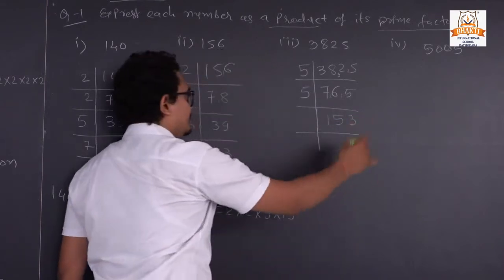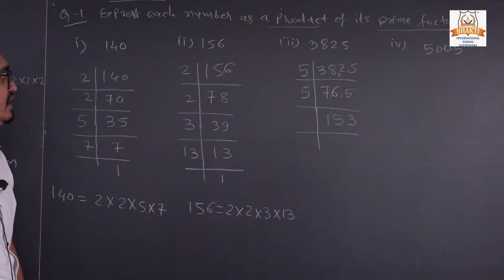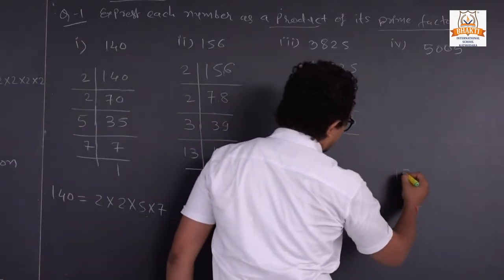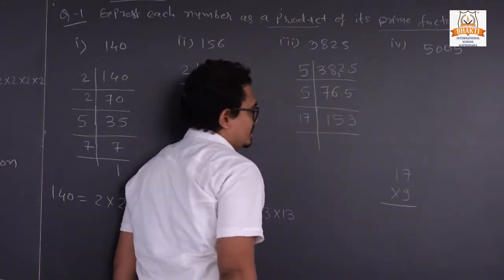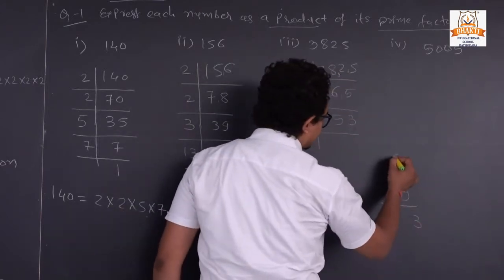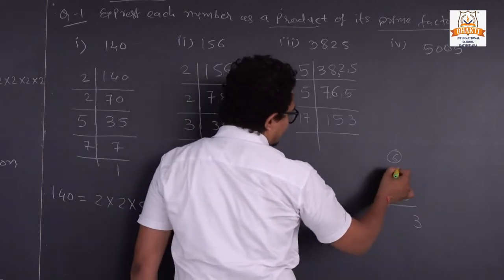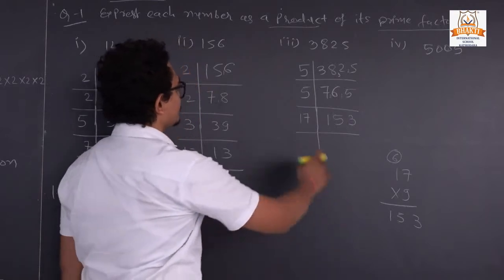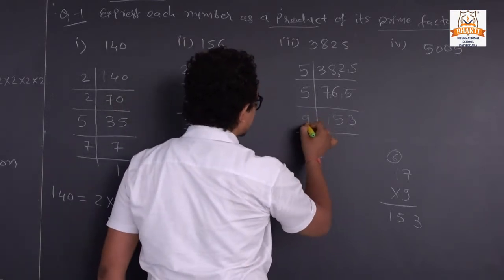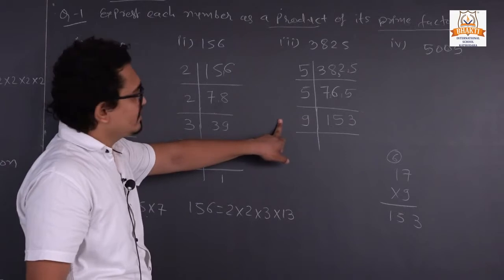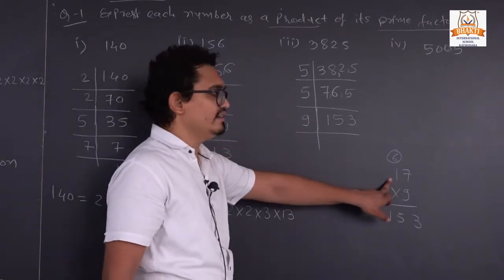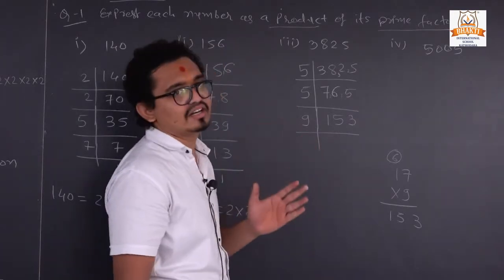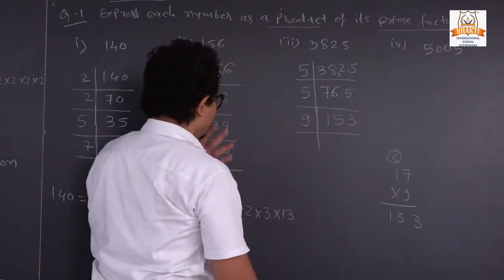So now 153, it is in which table? 17. So 17, here we can multiply. 17 9s are. So 9 7s are 63. So we have a 6 as our carry. 9 1s are 9. 9 plus 6 is 15. So it will be 153. So first of all we can start with 9. So it will be in sequence. Clear? If you start from 17 or 9, there will be a change in sequence only, but the answer will remain the same.